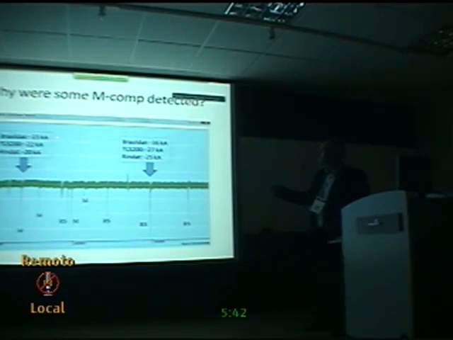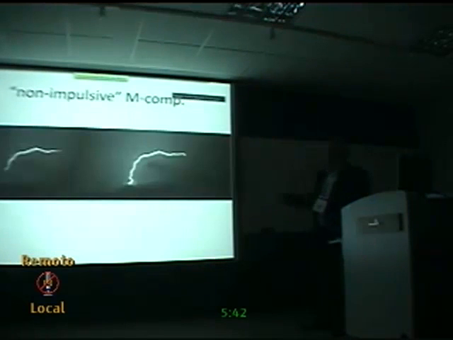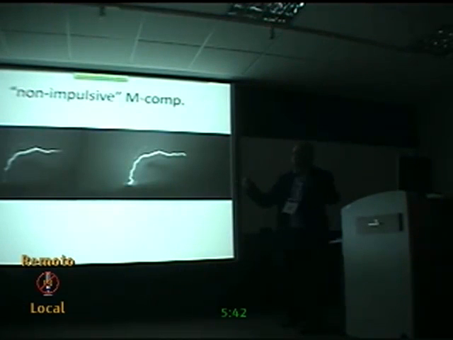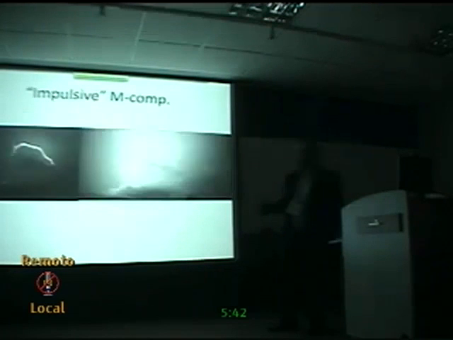Again, as Kleber said, BrasilDAT peak currents are pretty much lower than what the other systems measure. So we are calling these non-impulsive M components, to distinguish them from the impulsive M components.